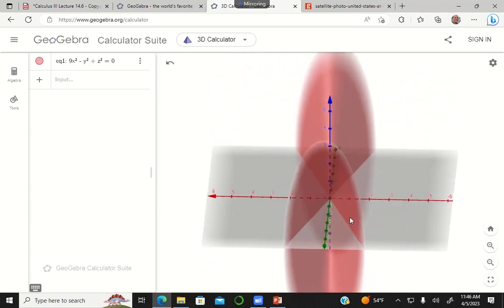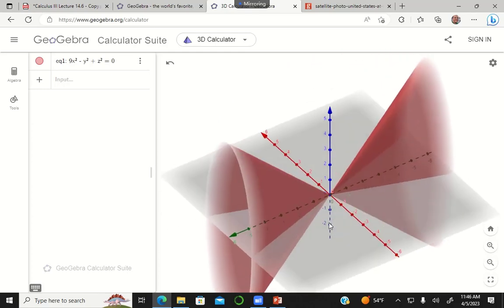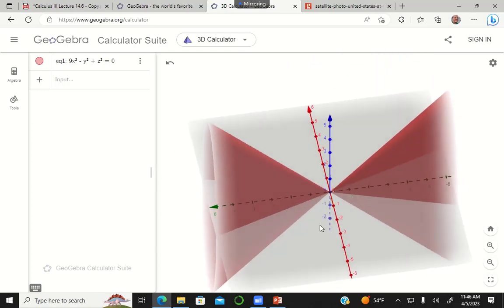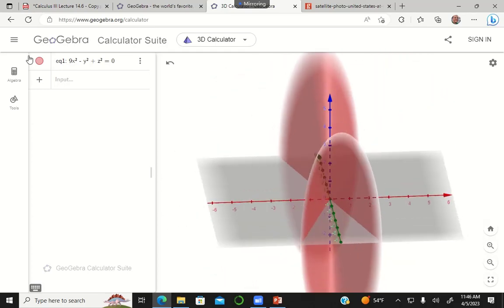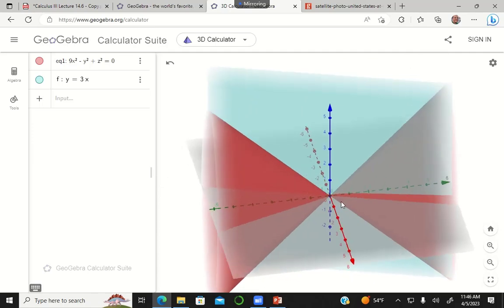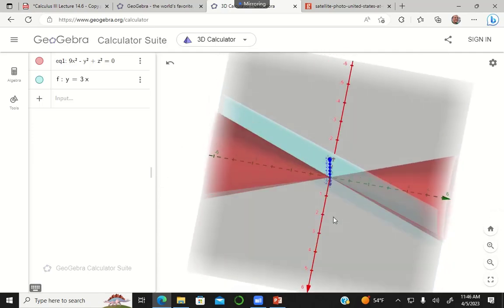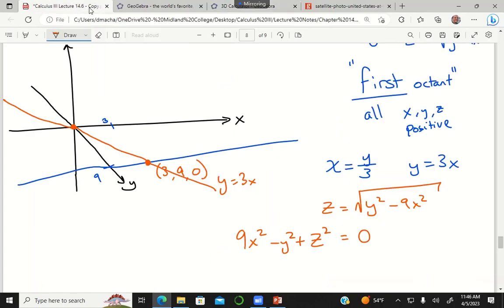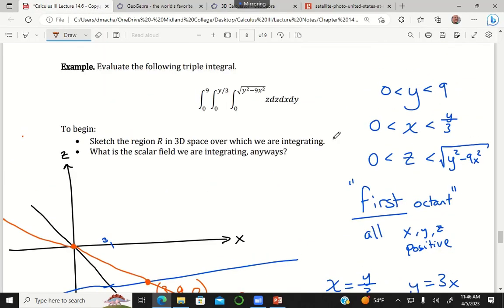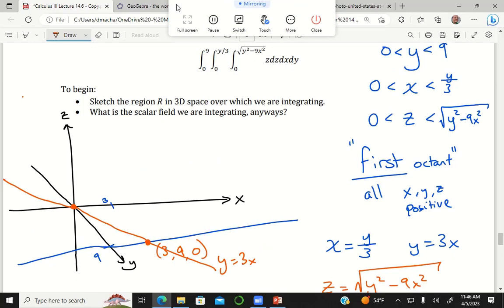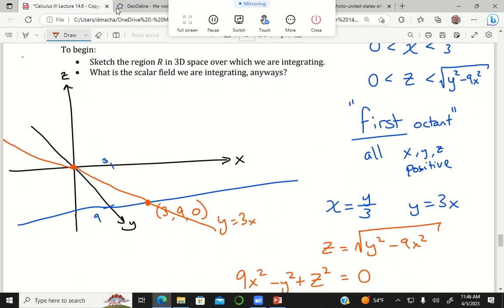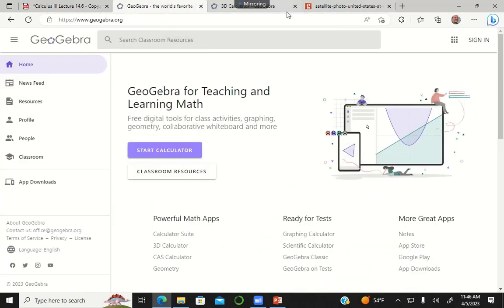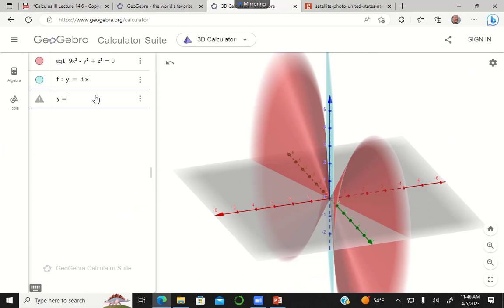But let me put in the other equations, like y equals 3x. And I know I'm in the first quadrant, so I know I'm over here. And how else is this bounded? Oh, y can't be greater than 9, so let me type in y equals 9 in there.